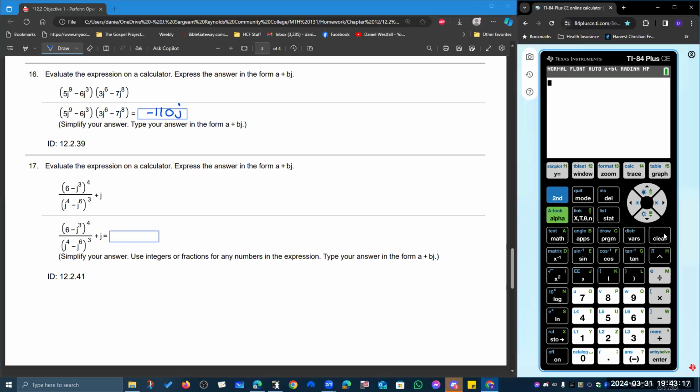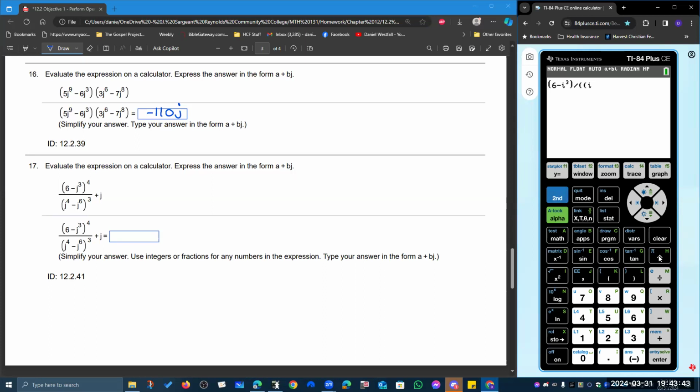Now we're going to use the calculator for this next one. Parentheses 6 minus, I'm going to use I to the 3rd divided by parentheses. I'm going to open parentheses again just to be sure that I get this correct.